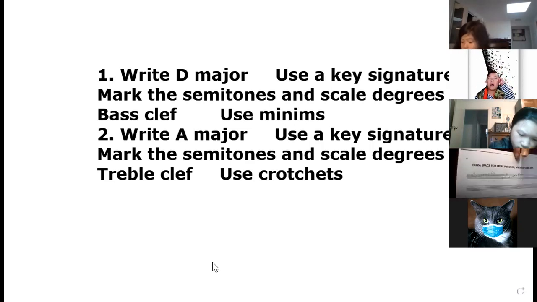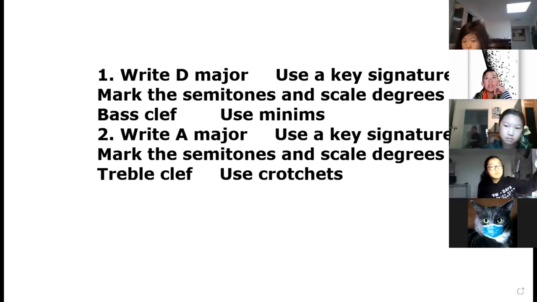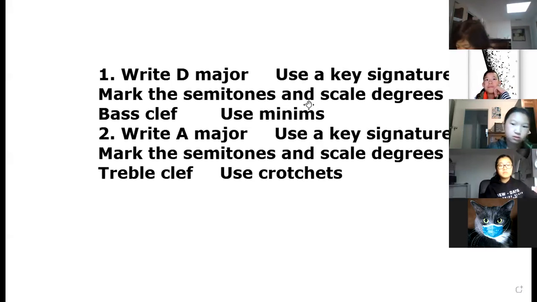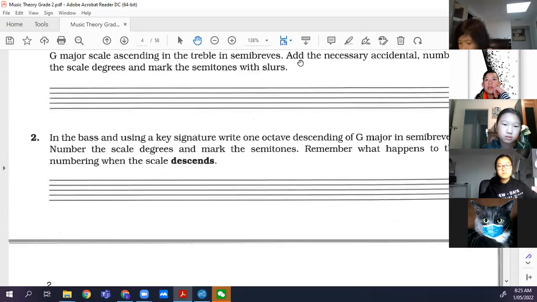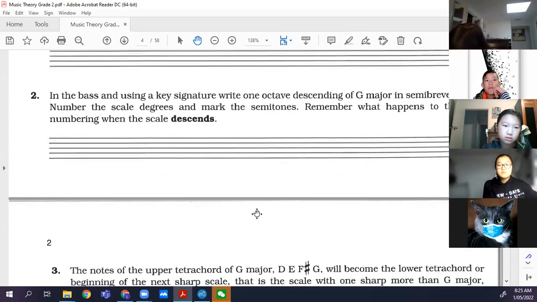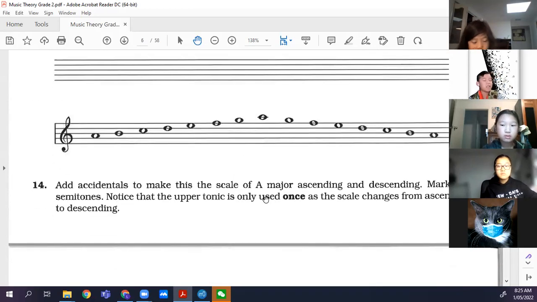Okay. I want to just touch on how the key signature looks for the scales again. For key signatures, you never go above the stave or below the stave. You never use ledger lines for a key signature.